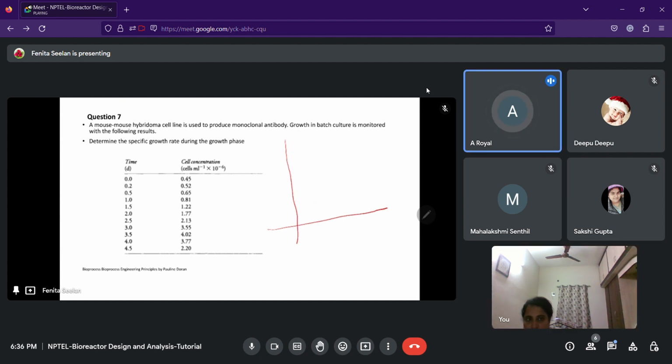Time in the x-axis, ma'am, and cell concentration in the y. Yes, sir. So we can keep cell concentration in the y-axis and time in the x-axis.